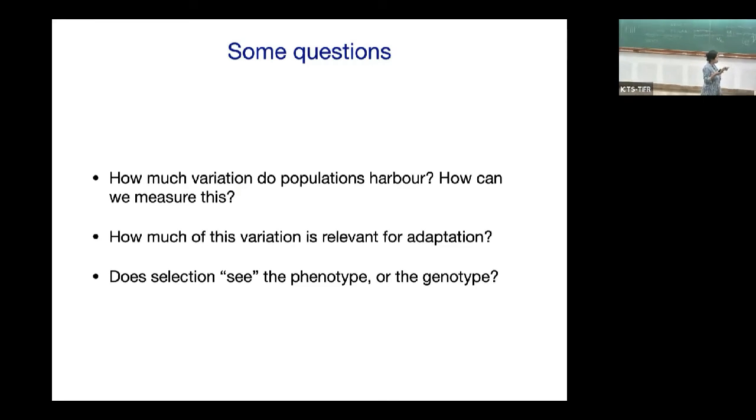Which is why every time selection is acting through some phenotype, it doesn't mean that genotypic change is necessarily going to be commensurate with that, because it really depends on what that connection is. Which is why a substantial proportion of people in evolutionary biology are trying to understand this genotype and phenotype connection, understand the phenotype and fitness connection, right? Because without it, it's very hard to predict what's going to happen.